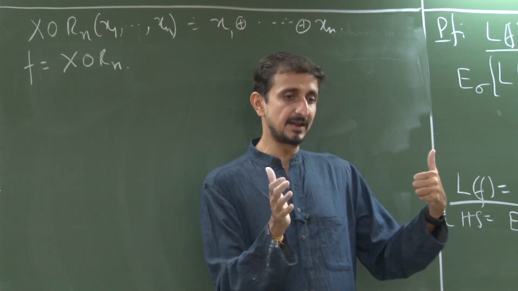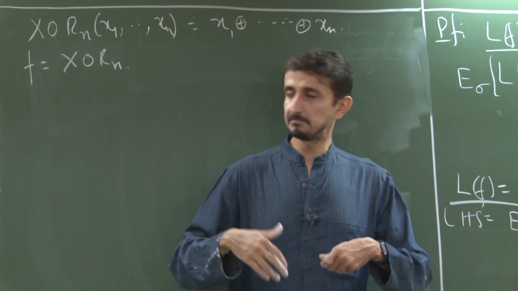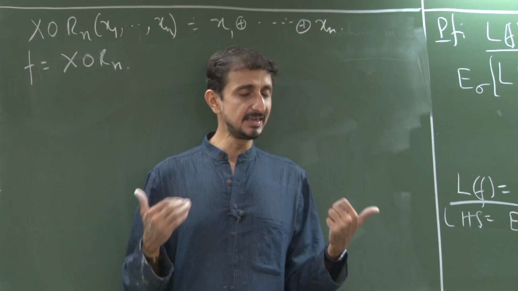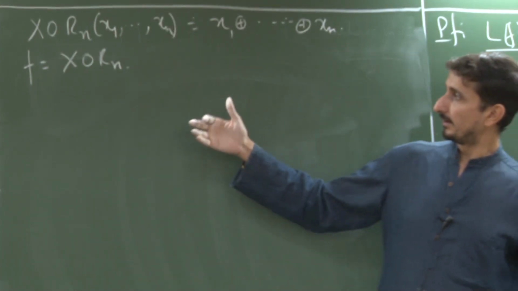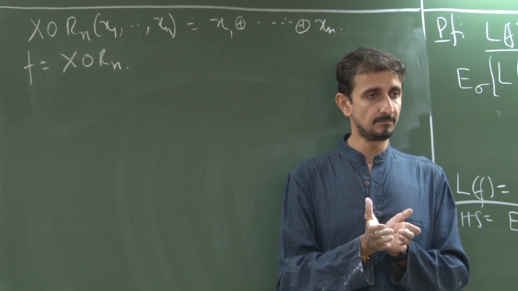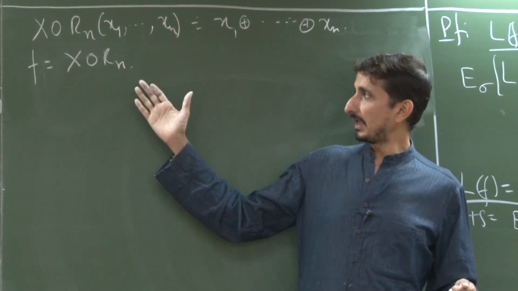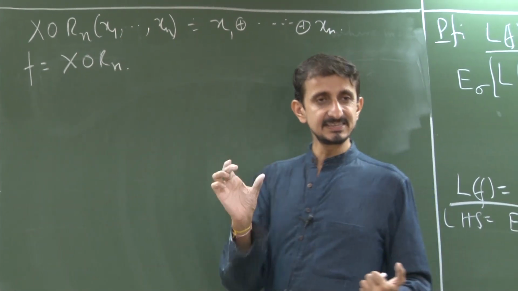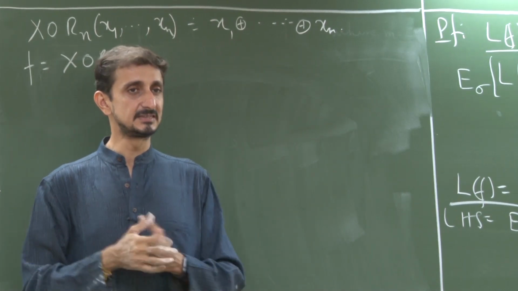Let us say if I restrict parity from n to some m many variables, how large should m be, so that irrespective of what I restrict the other n minus m variables to be, these m variables should determine the value of XOR. For what value of m is that true?